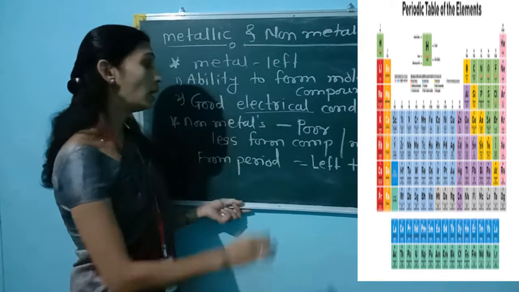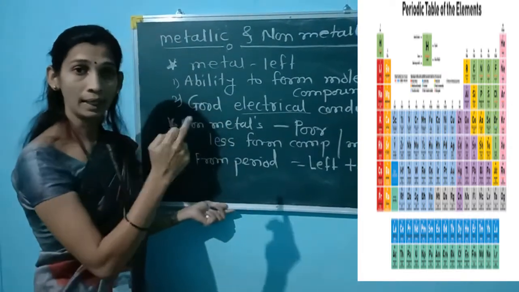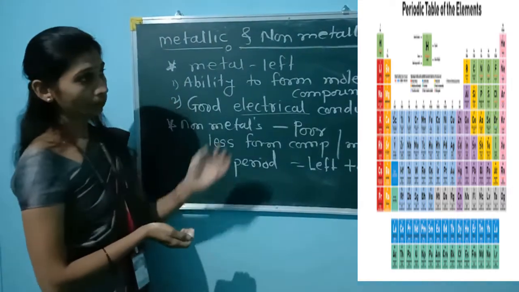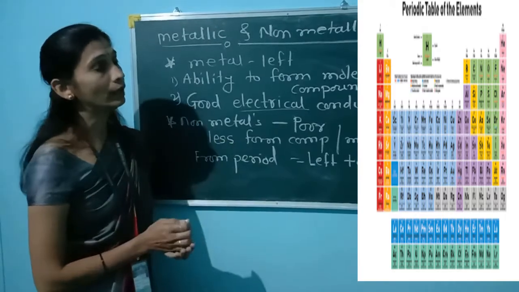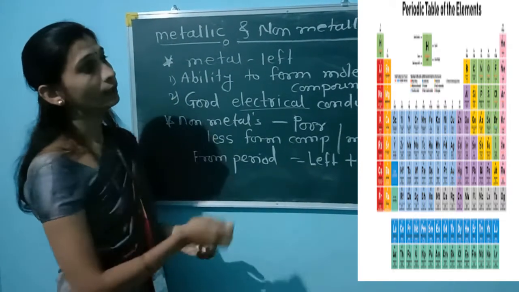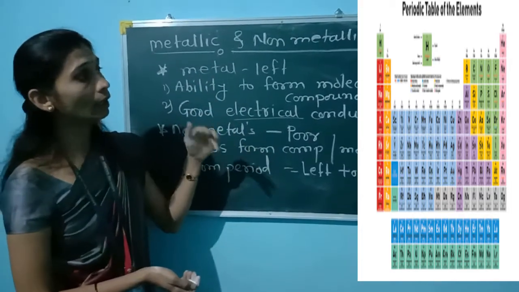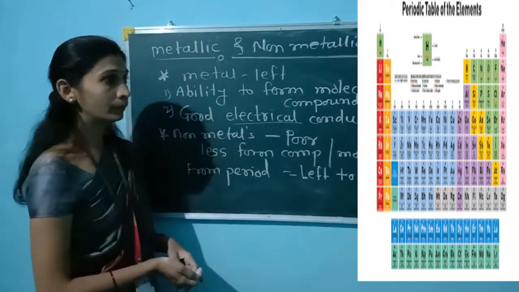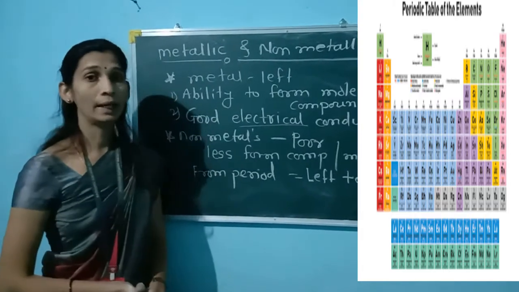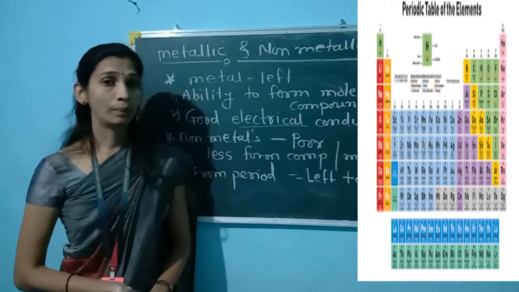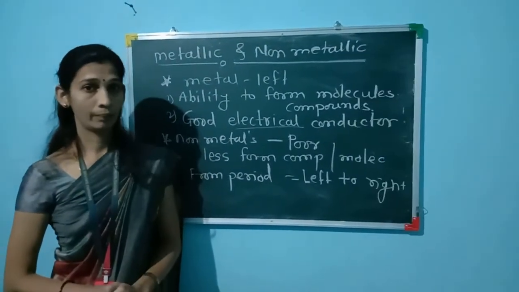Going down a group, from top to bottom, the metallic character increases. In the first group, all the metals have the ability to form compounds. This is the information about the metallic and non-metallic character of the elements in the periodic table.